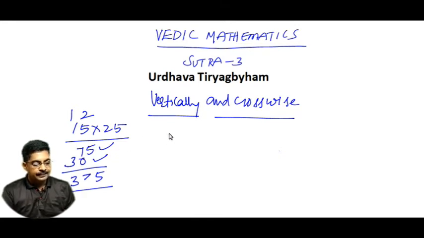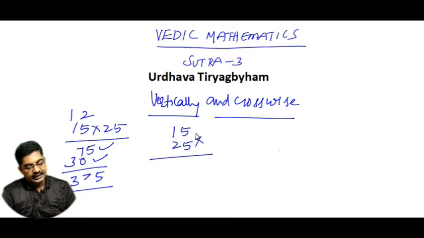Now let us see how I am going to do the same thing in the Urdhva Tiryabhyam method. 15 multiplied by 25. If you want to get the first digit, you multiply the right hand side 2 digits: 5 into 5, 25.